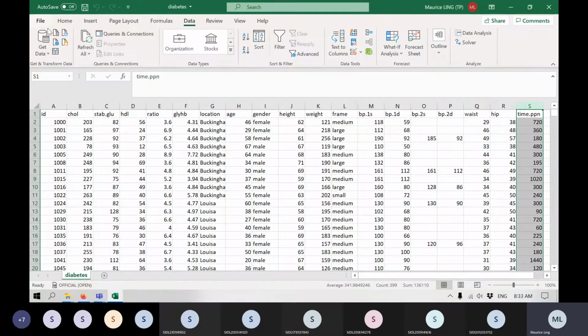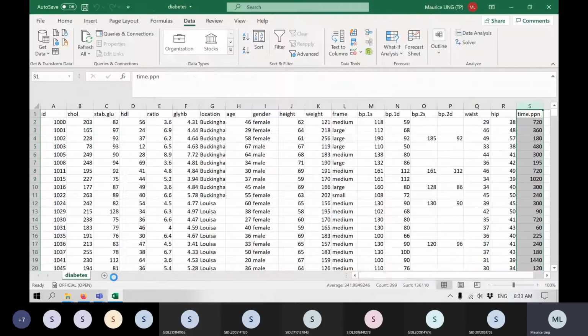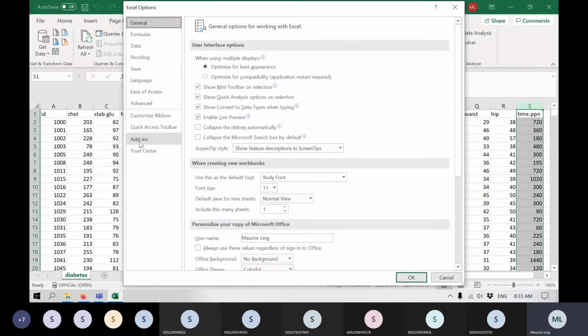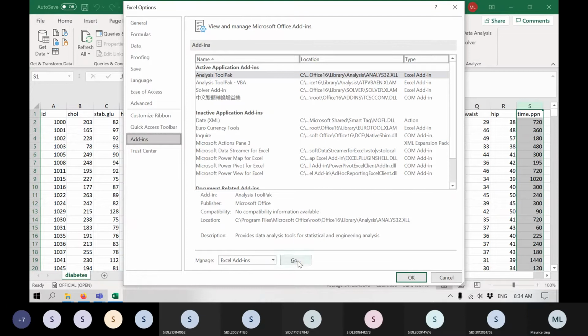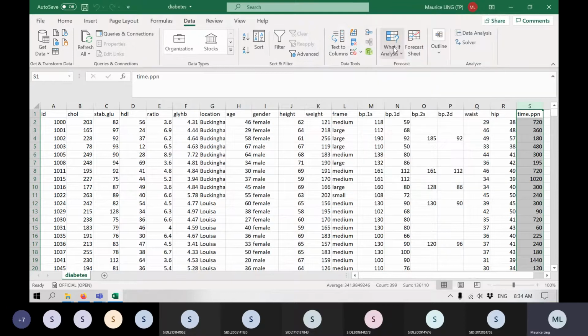If you do not have it, go to File, click on More, go to Options, then Add-ins, click on Manage Excel Add-ins, Go, and then highlight Analysis ToolPak VBA. That will give you this analysis toolkit. We'll be using this for as much analysis as possible.